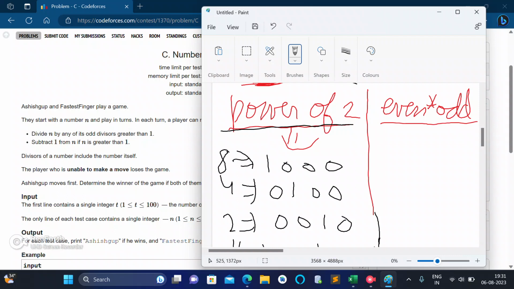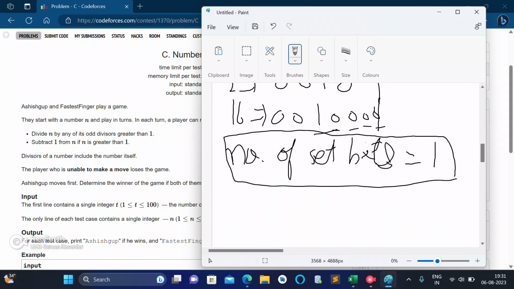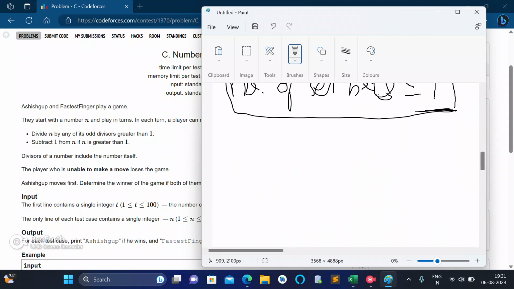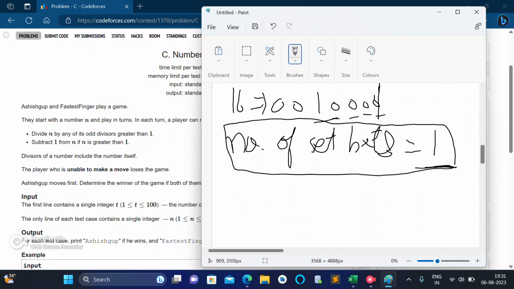So for the number n which is given to you, find the number of set bits in n. If the number of set bits in n is 1, it means the number is a power of 2, else the number is not a power of 2.